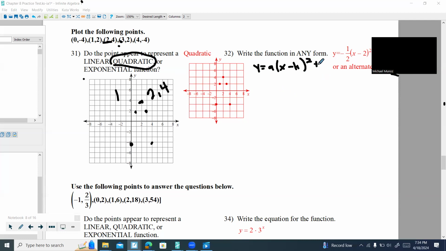And so we're just going to plug in those numbers that we know for the vertex. Our x is 2, so we're going to plug a 2 in here and a 4 for k. So I'm left with a (x minus 2) squared plus 4.